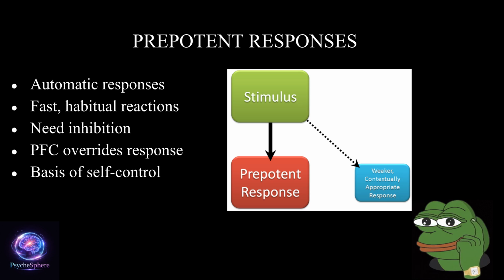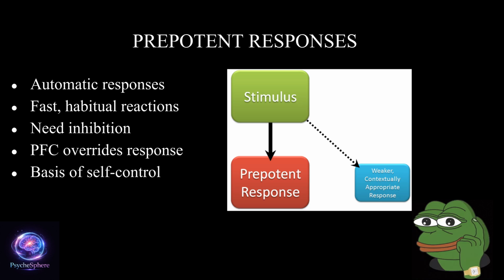Okay, so moving on, now let's talk about something very real in our daily life, which is our automatic behavior. What are prepotent responses? Sometimes your brain wants to respond instantly without even thinking. These are called prepotent responses. For example, if you see the word red, your brain automatically wants to read it, even if I ask you to say the color of the ink instead.